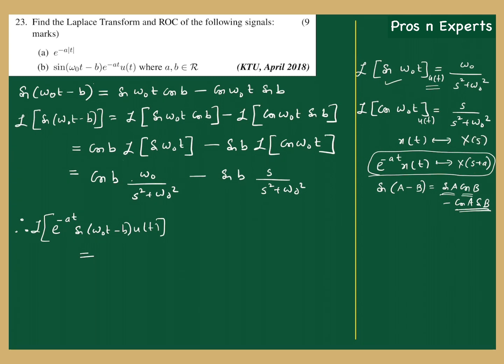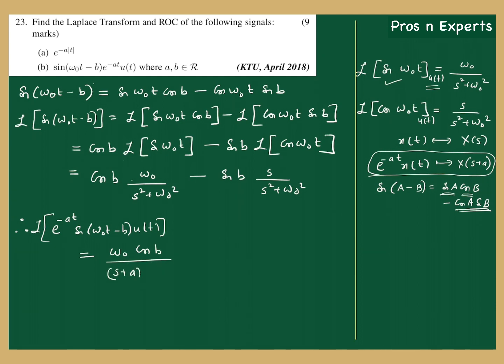That means wherever you find s, you replace s by s plus a. It's a very simple procedure. So you can find s in this term, and here it is s and s square here. So replace all s by s plus a. So this is omega 0 into cos b by, s should be replaced by s plus a.